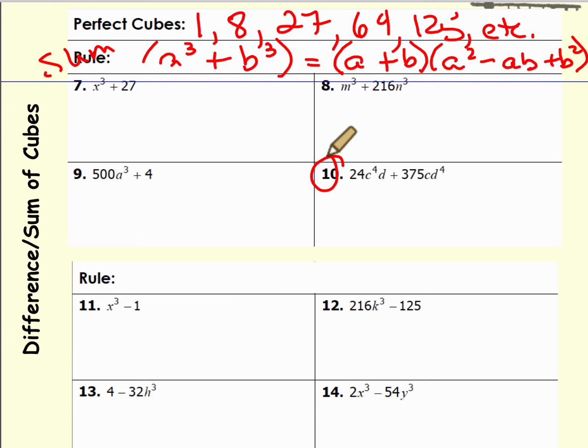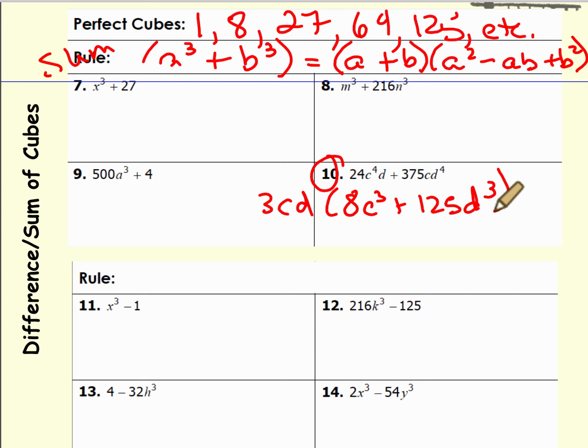Now, why does this one also work? Well, if we go ahead and take out the common factor, and in this case it would be a 3, a c, and a d, we get 8c cubed plus 125d cubed.